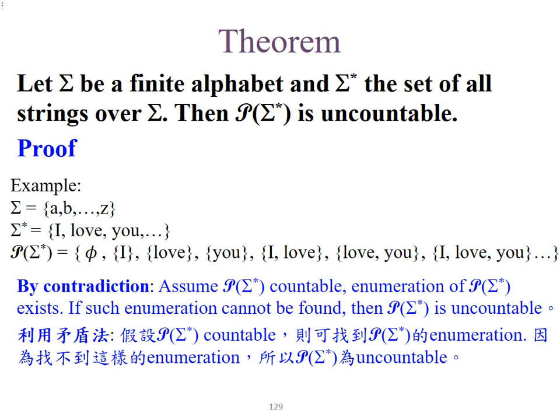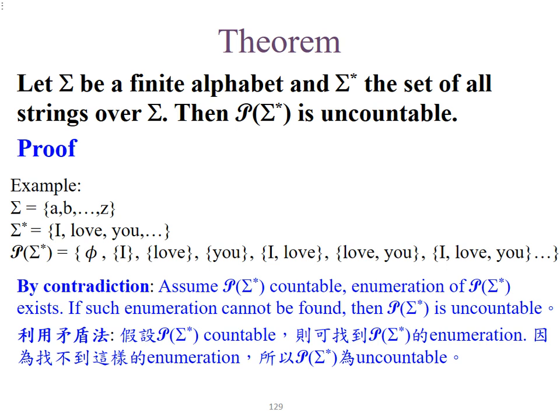We already know this is countably infinite, right? And then what's its power set? Remember, the power set starts from the empty set, and then we have {I love you} because it's a subset, and then we can choose other strings into the subset. So now we know what the power set of sigma star is.